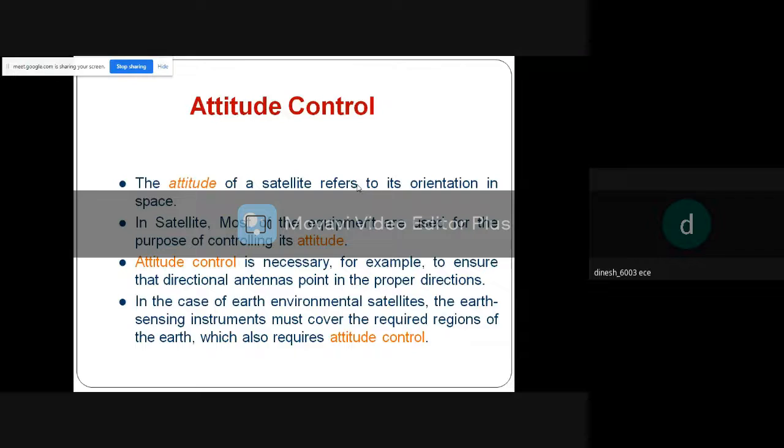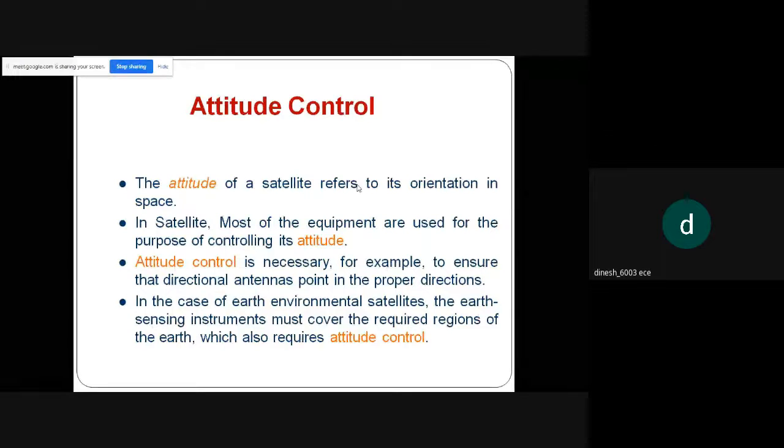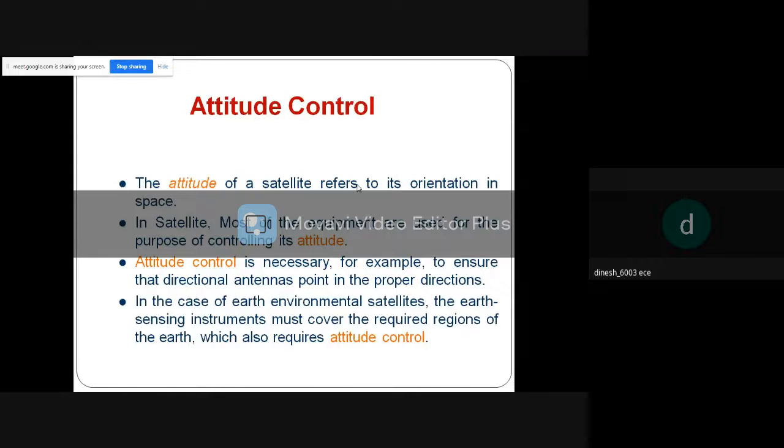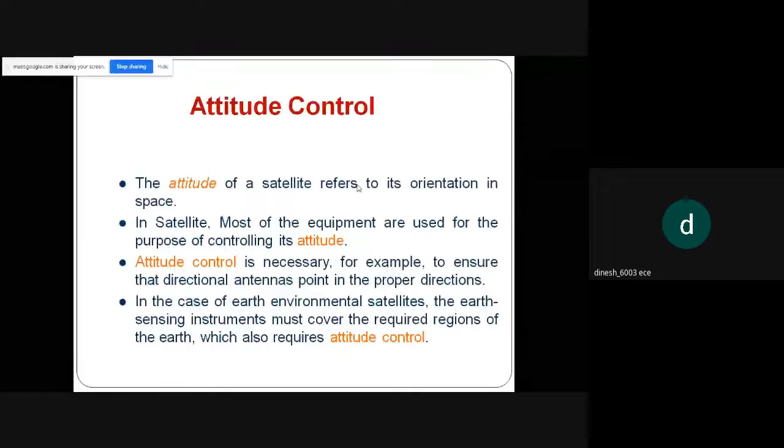Where you see brown or lightish brown, those regions are hilly regions. Where you find a blue color, those are water regions like lakes, ponds, irrigation canals, rivers, oceans, all. So focusing on that particular point can be done by this attitude control.